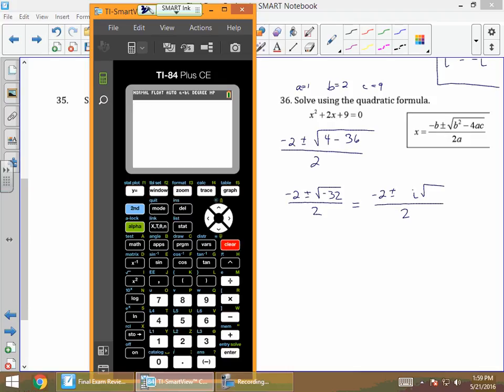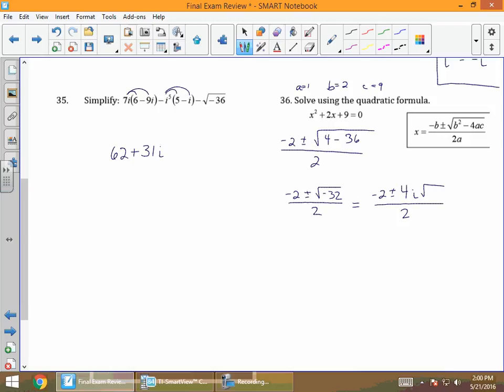So let's just think about if I took the i out and did 32 divided by x squared. I can see that it's 1 radical 32, 2 radical 8, 4 radical 2, so 4 radical 2 is the cleaned up version of that radical.